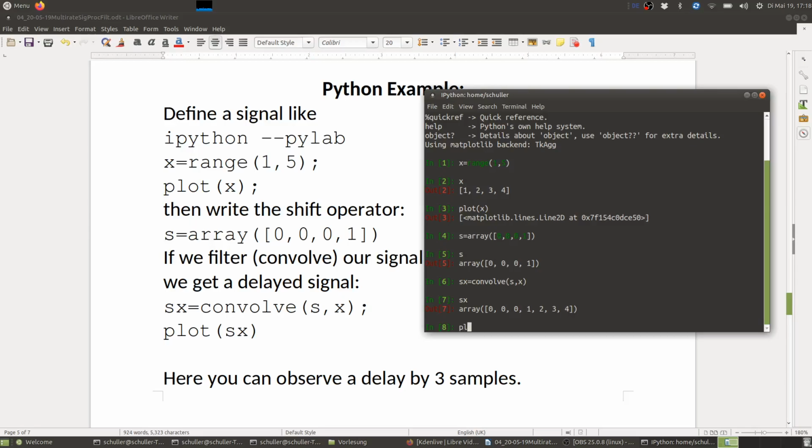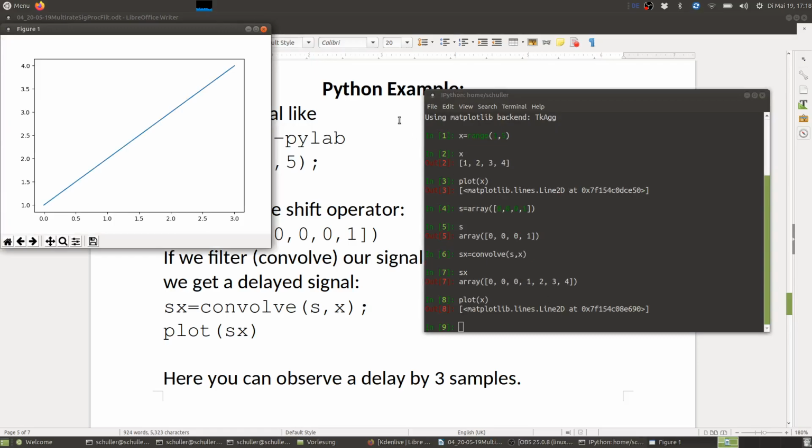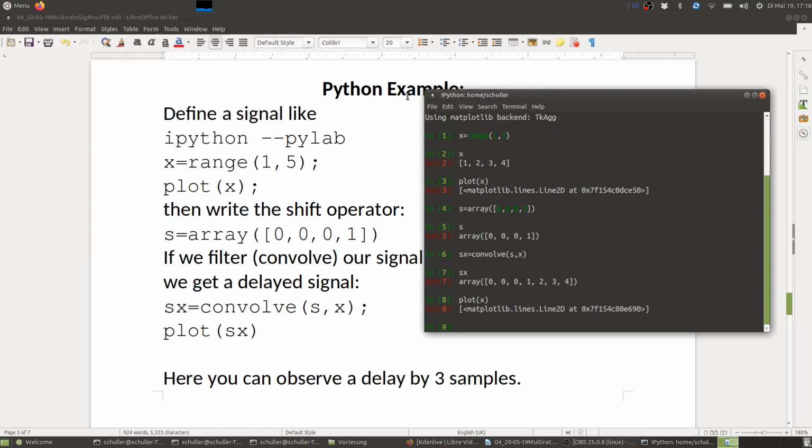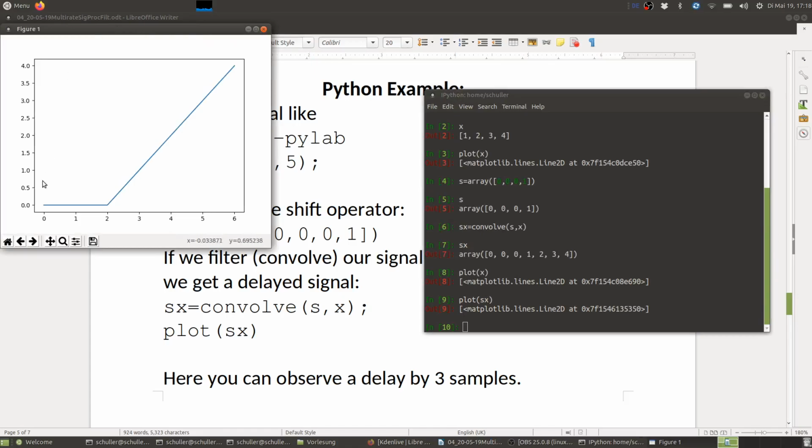So let me plot it again here. Plot of x. Here's our signal x. And now plot of sx. And here we can see it's delayed by 3 samples. So now the first non-zero sample appears at 3.